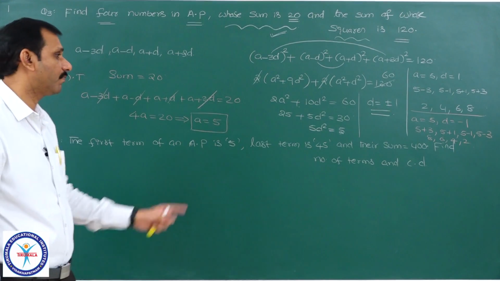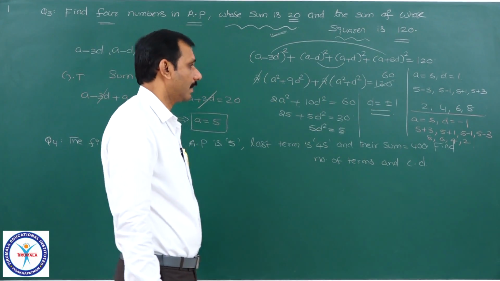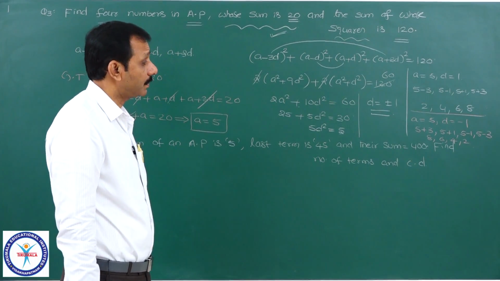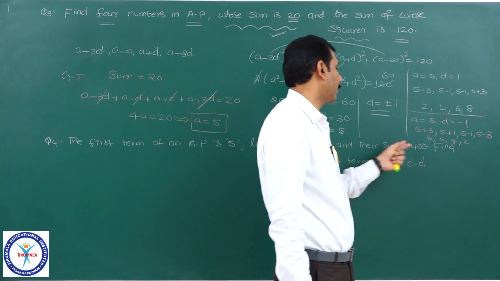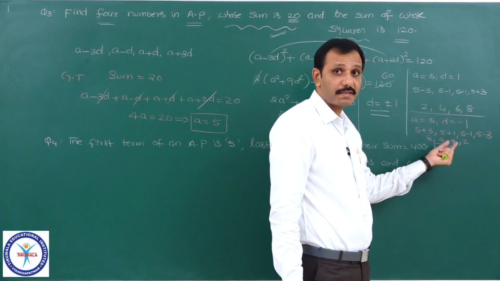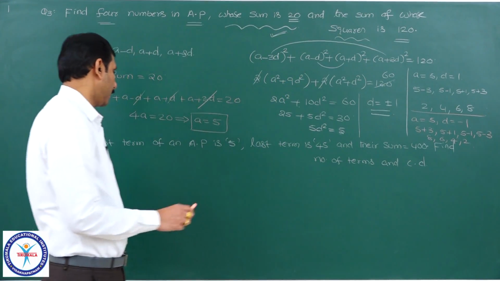You can check the sum: 4 plus 2 is 6, 6 plus 6 is 12, plus 8 is 20, and the squares also correct. Better if you check after simplifying, because if something went wrong in the simplification, definitely these numbers may come out wrong, so you check if required.